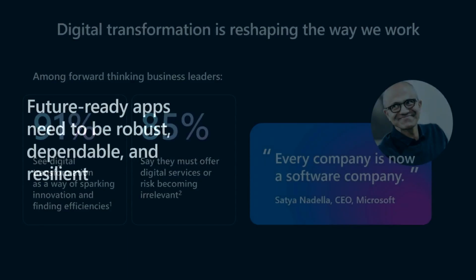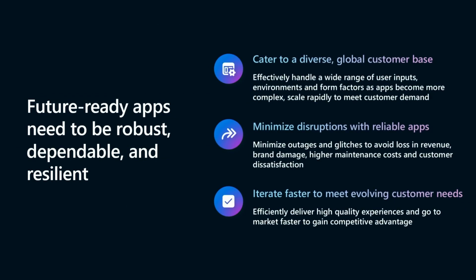Now, how should the applications that provide these digital services be, and how should their quality be? These apps serve a global customer base across the world, people who use different operating systems, browsers, and different internet connectivity speeds. They use different languages and interact with the apps in different ways. So these apps should cater to all of these users, and for everyone out there, they should work seamlessly.